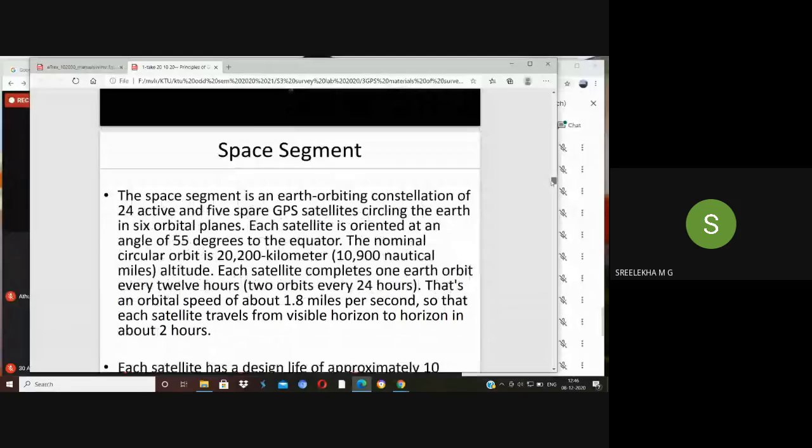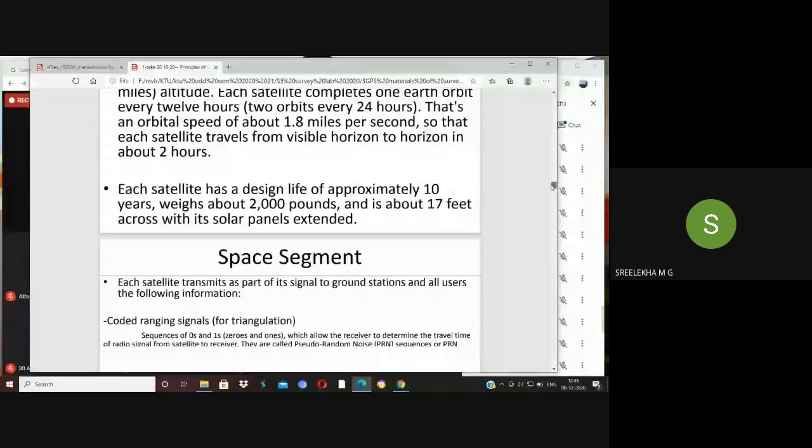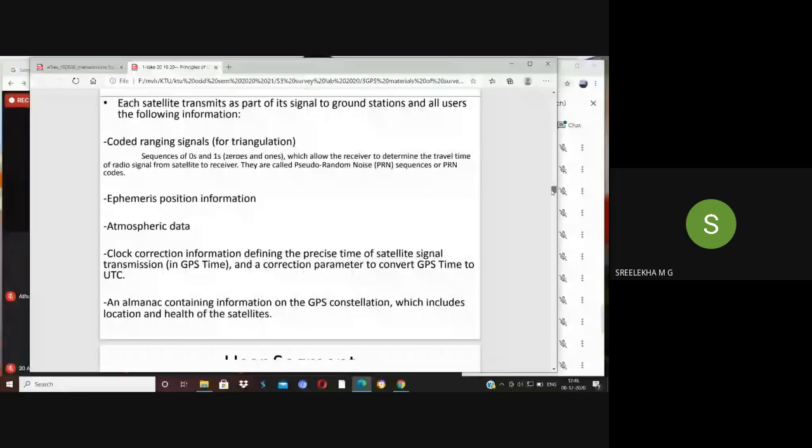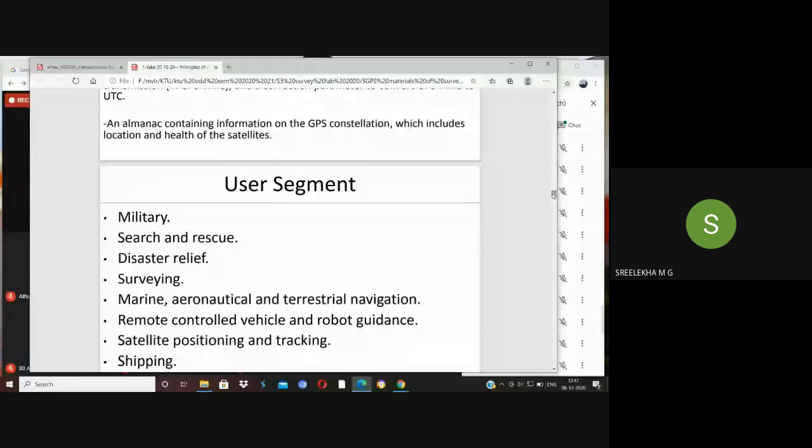Okay, so I'm just skipping all this. And coming to the user segment, we know different applications are there: military applications, disaster relief, surveying. In each application, our main target will be to locate our position. So for that, the GPS receiver will be placed on the point whose GPS coordinates are to be obtained.